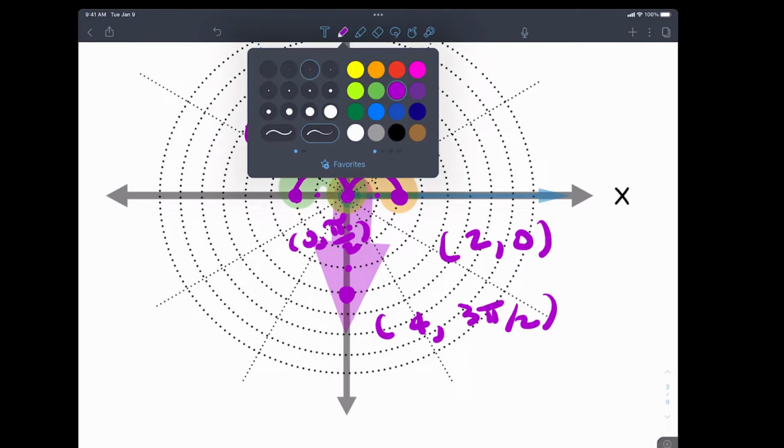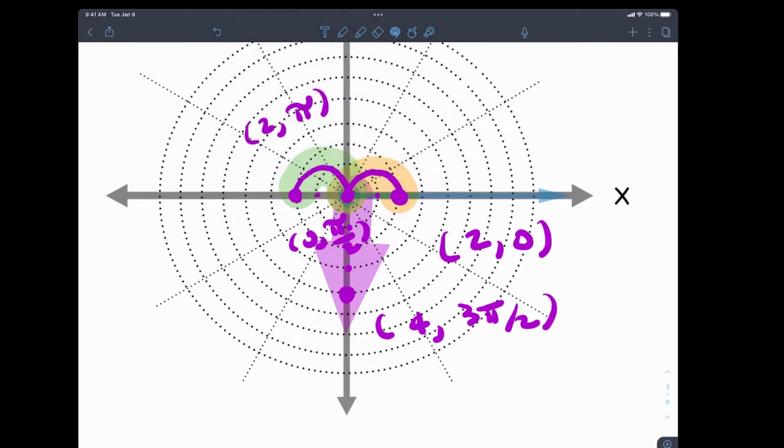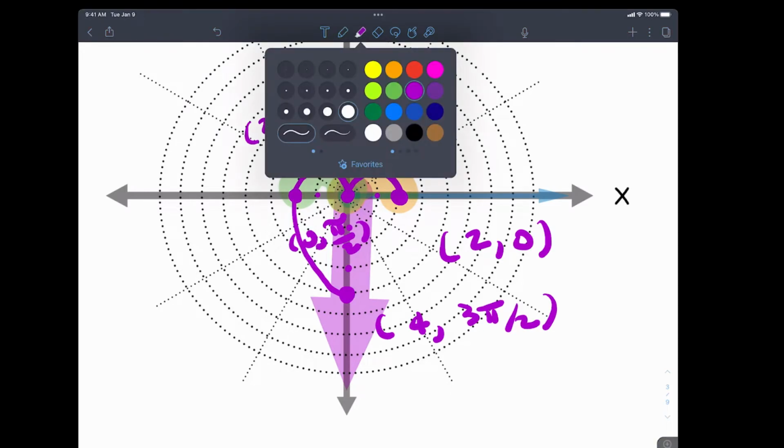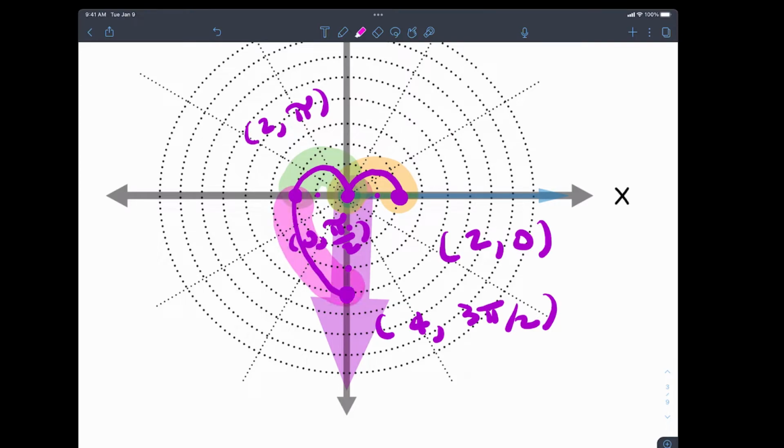So when we rotated to 3 pi over 2, the radius went from 2 to what? To 4. Sorry. You never guessed my parents are artists, but they are. This is that pink portion. Easy breezy, lemon squeezy.